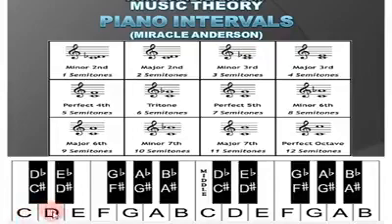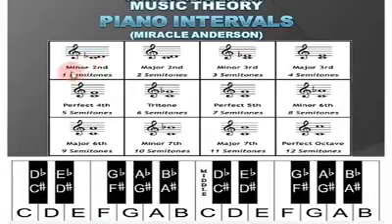From E to F is a semitone, there is no note in between them. But from E to F sharp or G flat is a whole note or tone, because there's F in between.